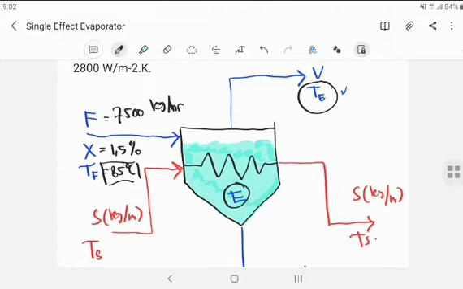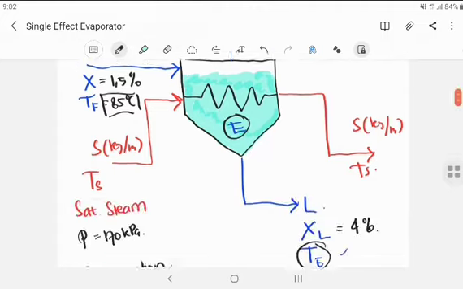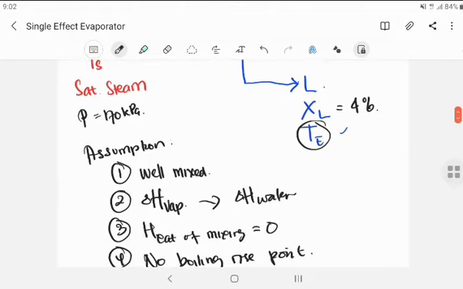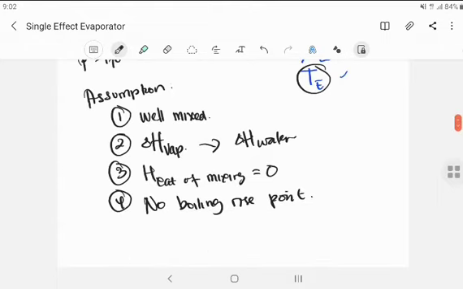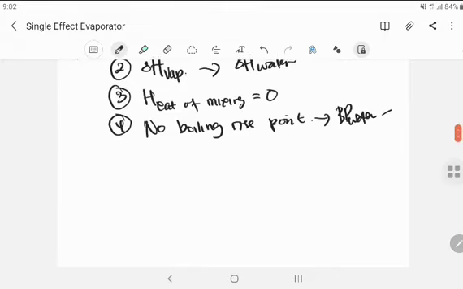The boiling temperature will change. But here we assume, since the concentration only changes from 1.5% to 4%, that the boiling point of the solution is the same as the boiling point of water. Okay, next.